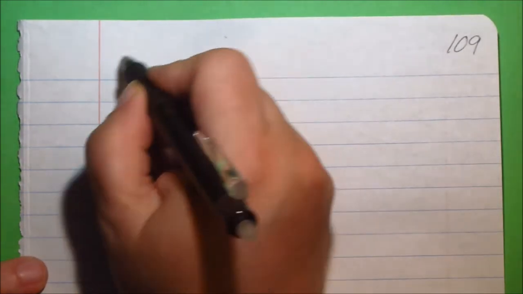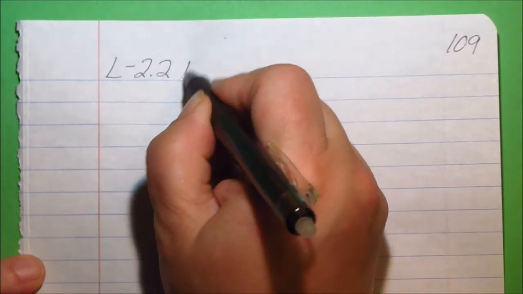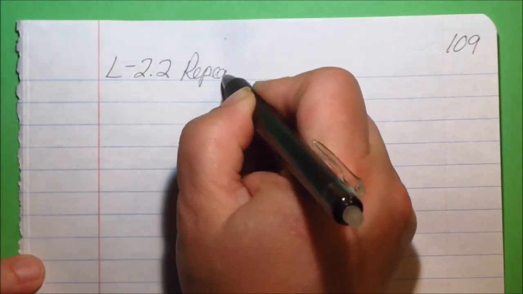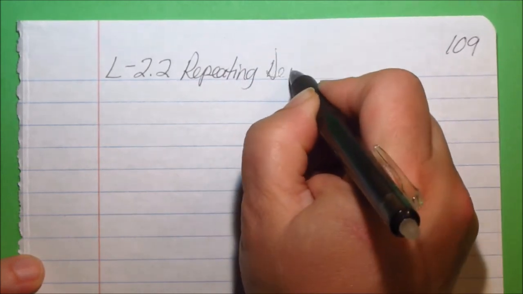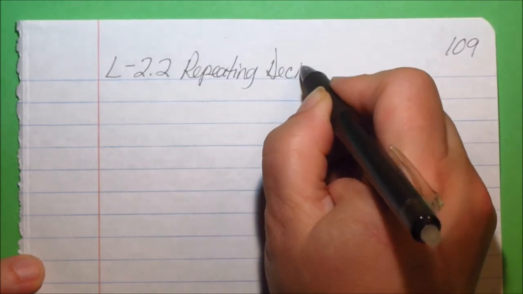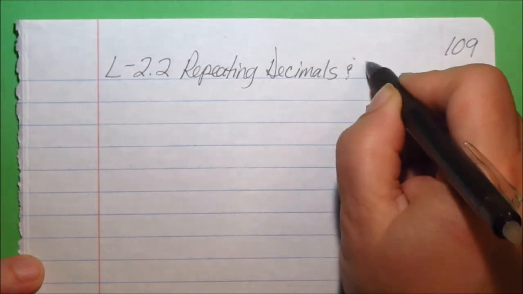This is lesson 2.2 out of the Ratios, Rates, and Statistics book. In my class, that is on page 109. And lesson 2.2 is titled Repeating Decimals and Rounding.